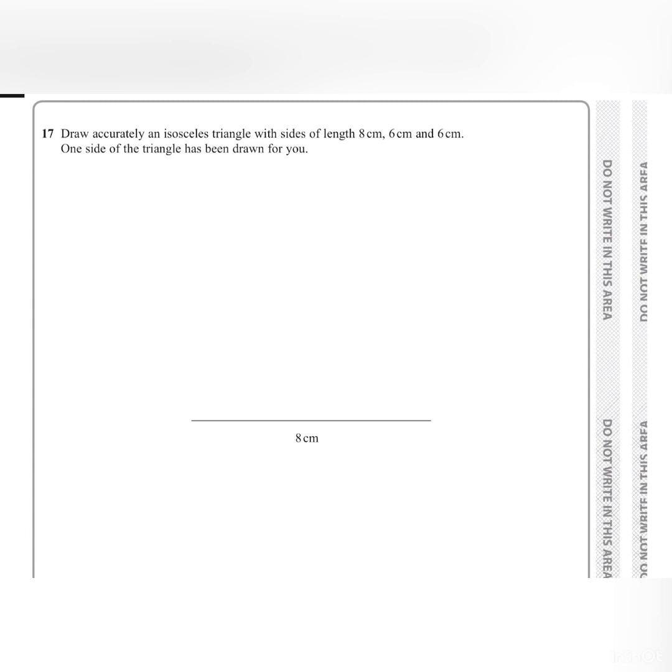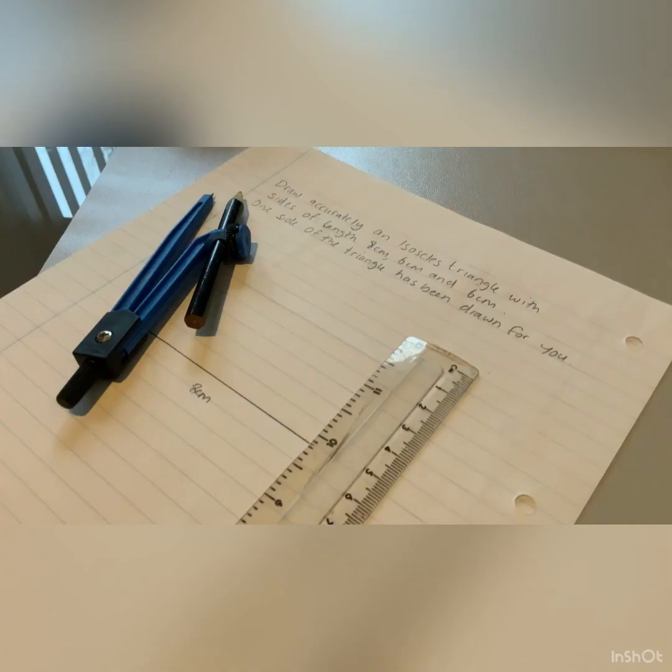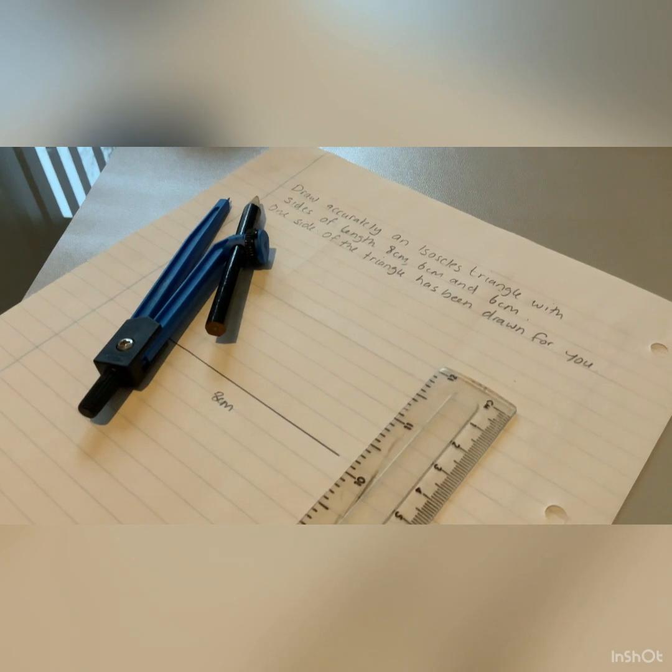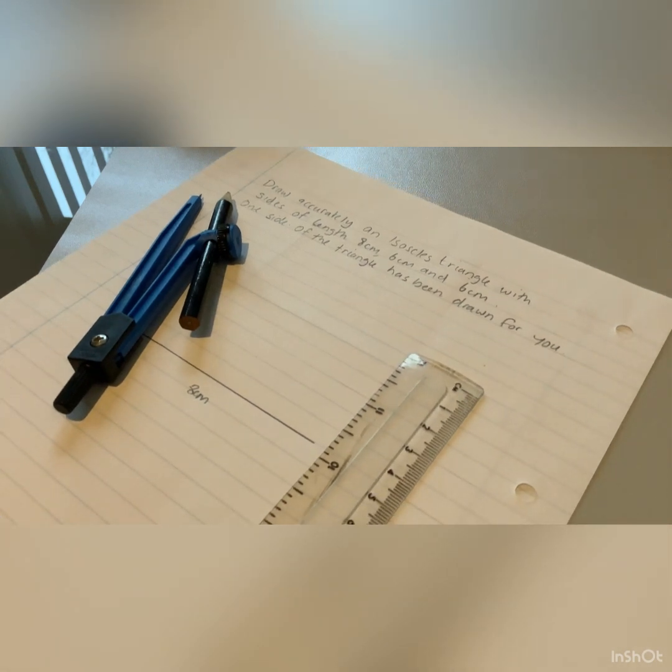I will do this accurately on paper, and I will show you how it's done using a compass, a ruler and a pencil. It says draw accurately an isosceles triangle with side lengths of 8 centimeters, 6 centimeters and 6 centimeters, and one side of the triangle has been drawn for you.